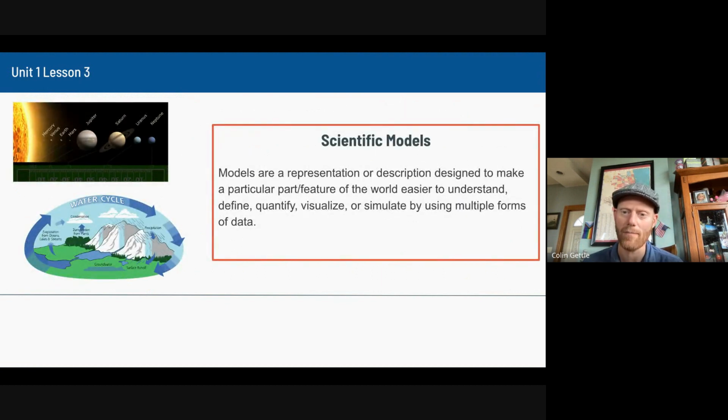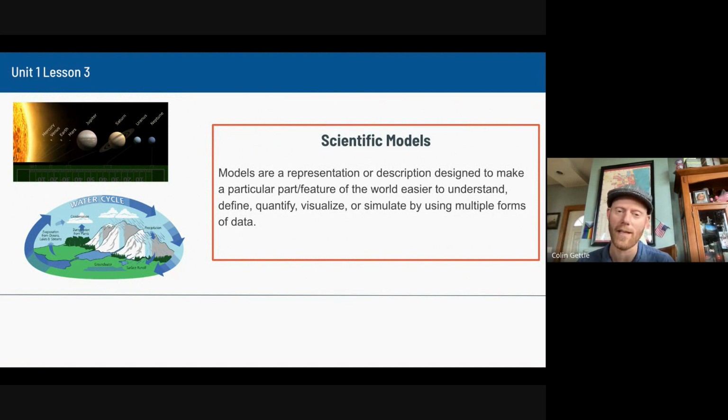In science, models are a representation or description designed to make a particular part or feature of the world easier to understand, define, quantify, visualize, or simulate by using multiple forms of data. So to put it simply, they're just a way of taking something that we cannot see, maybe because it's too big or too small, too fast or too slow, or too complex, and making it more accessible.